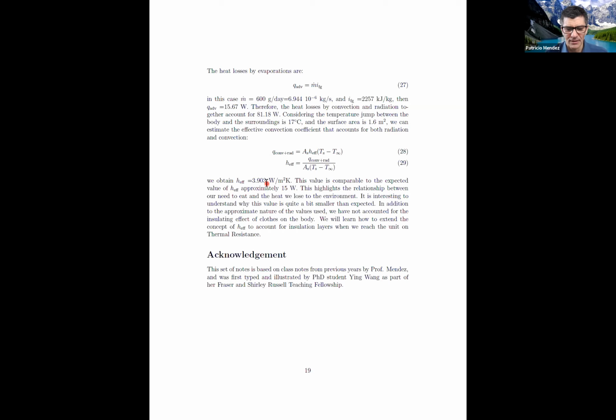So the difference is in part the rounding error in the data I gave you. And the other part is because we did not account for the thermal resistance of clothes. We will learn lots about thermal resistance very soon, I think in the 5th week of classes, right?